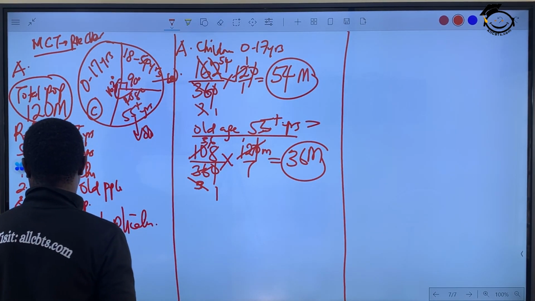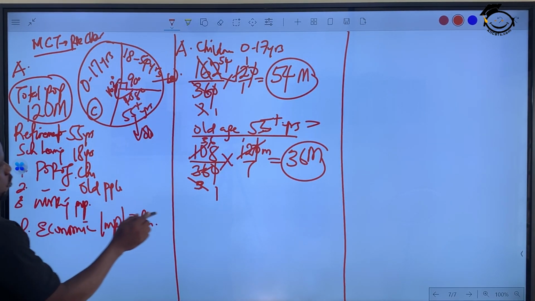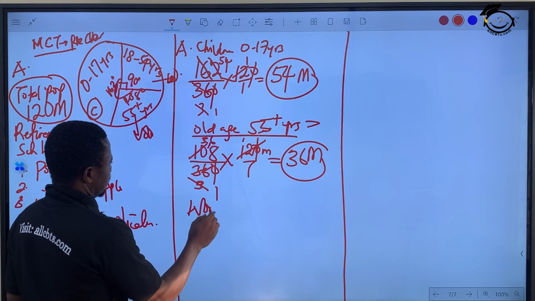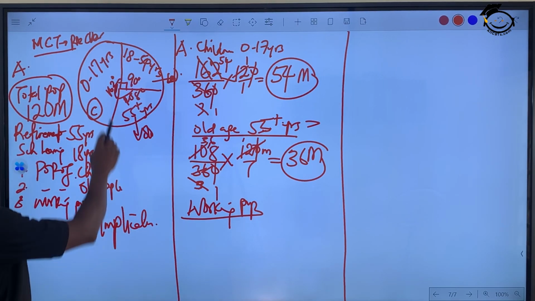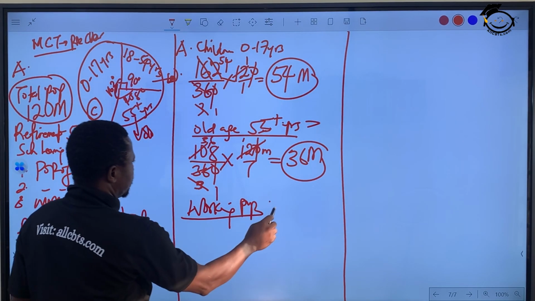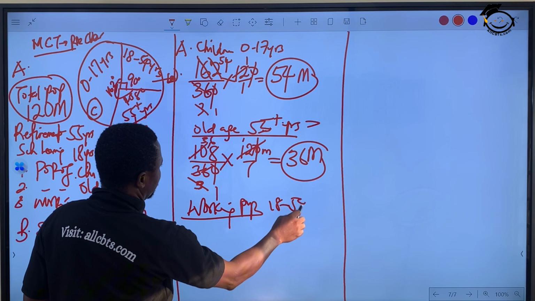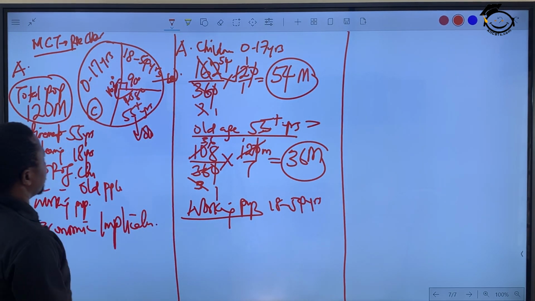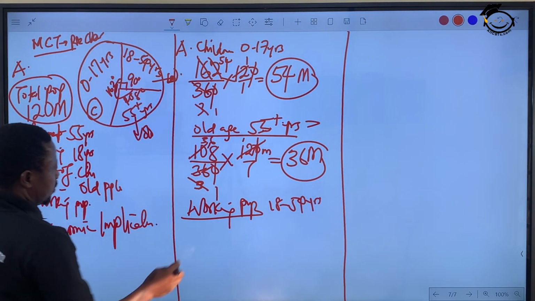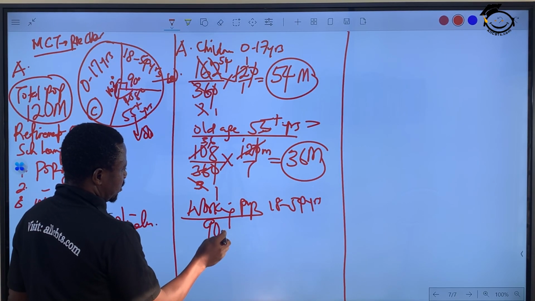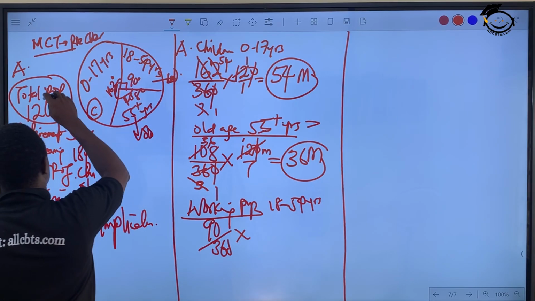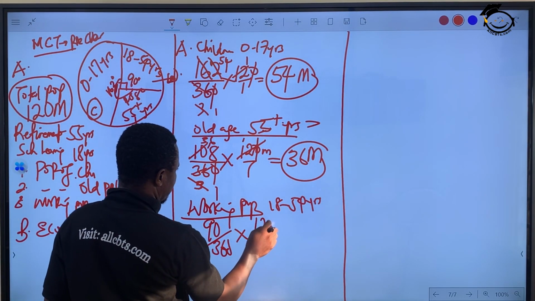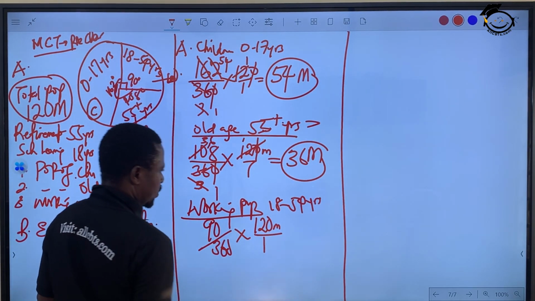Now we are solving for the next one, the third one, the working population. The working population is the labor force, which is 18 to 54 years. So it's 90 degrees. As usual, 90, the degrees is 360, over 360 times the total population given to us, 120 million, over 1.